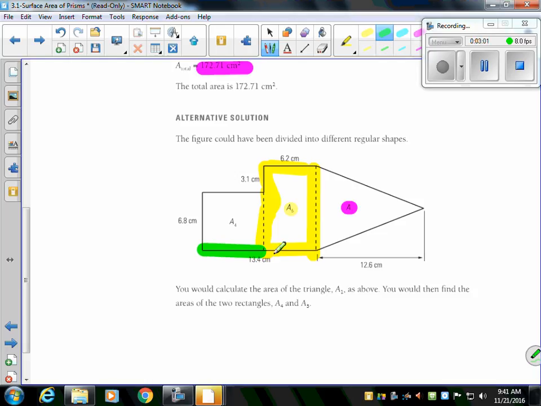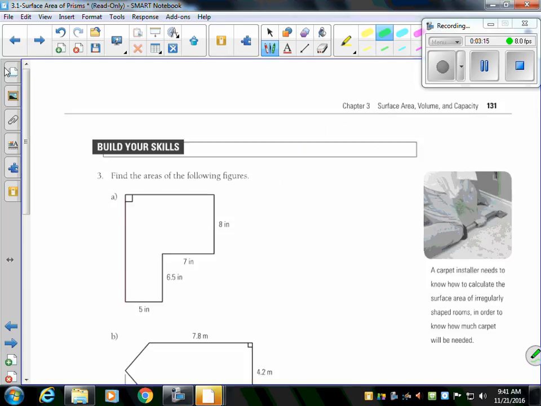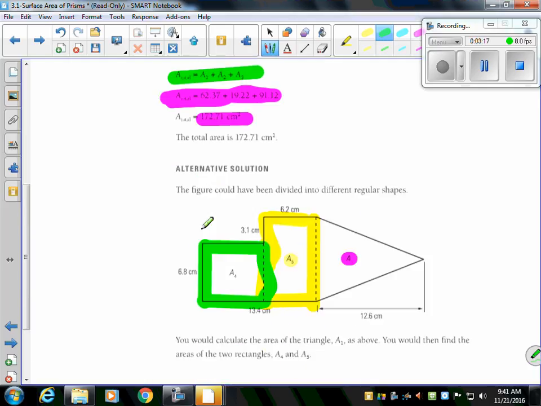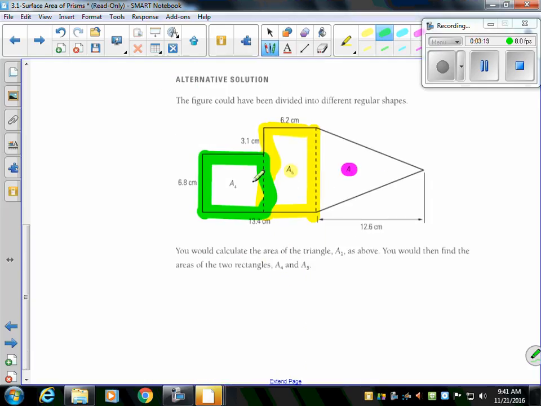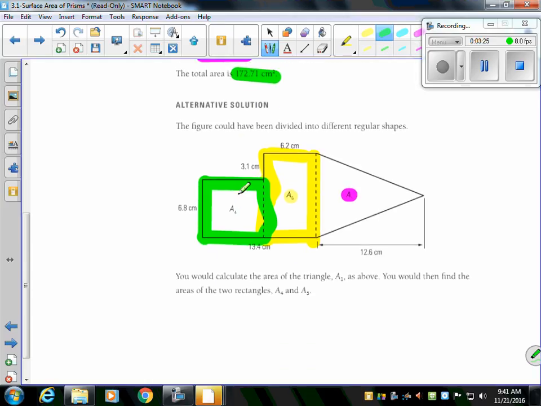Well, it's 13.4 minus whatever this was, so 13.4 minus 6.2. And then we have a width of 6.8. So when we do it this way, we can still calculate those areas, and you will come up with that same answer, 172.71.